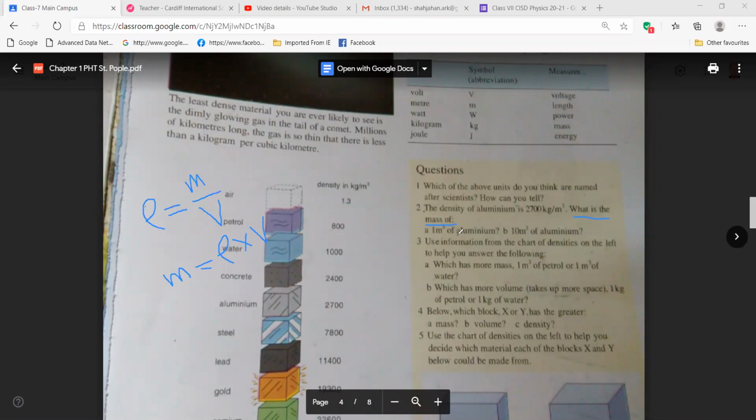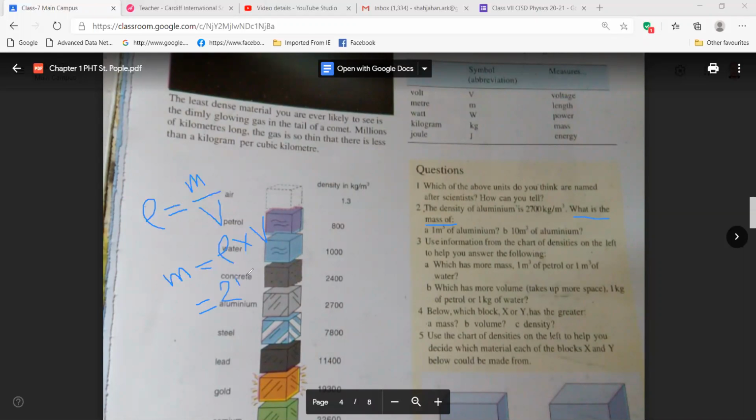That means the volume is given and you have to find the mass. Is it clear? Now you have the volume and density, and you have to find the mass. That's why we made m the subject, so that we can put the values and get the answer, right?